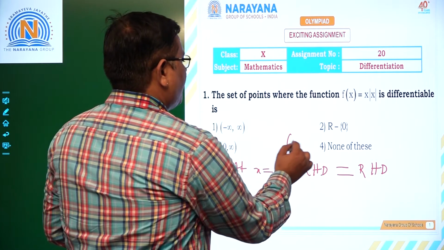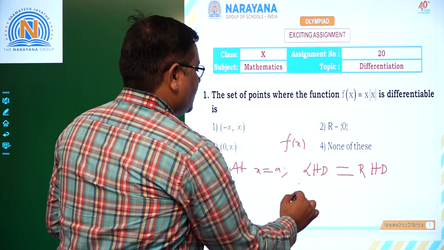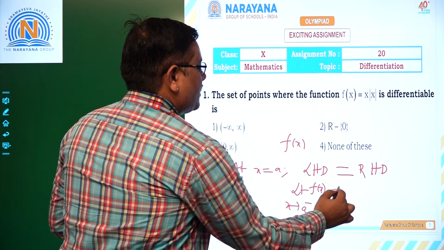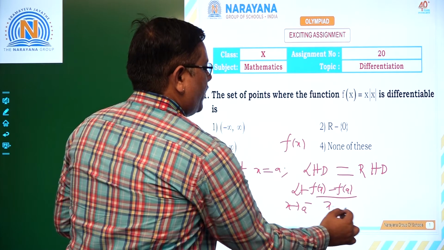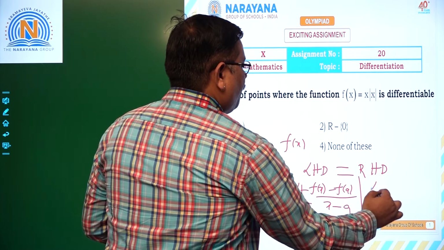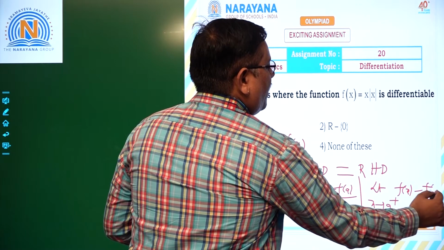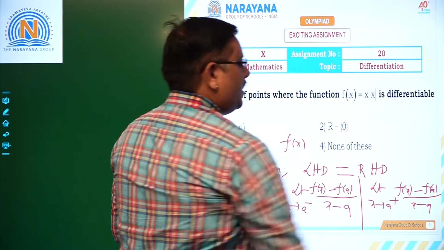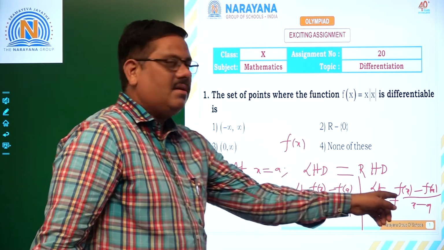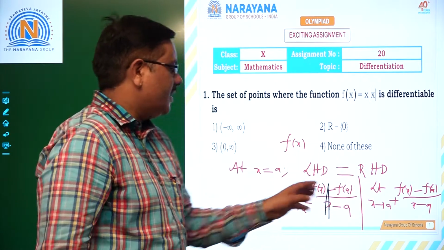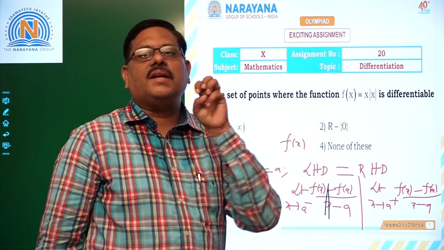If the function is f of x, LHD is defined as limit x tends to a minus, f of x minus f of a by x minus a. What is RHD? Limit x tends to a plus, f of x minus f of a by x minus a. If both exist and are equal, then we say that the function is differentiable at x is equal to a.